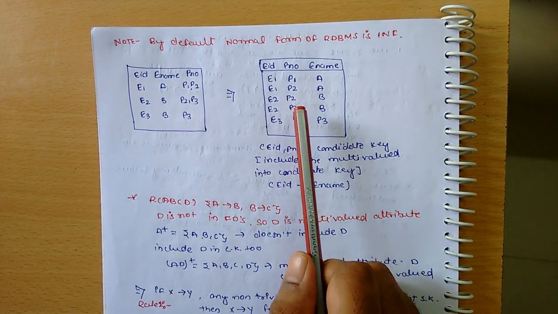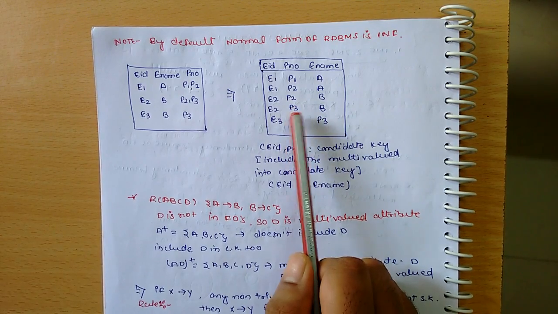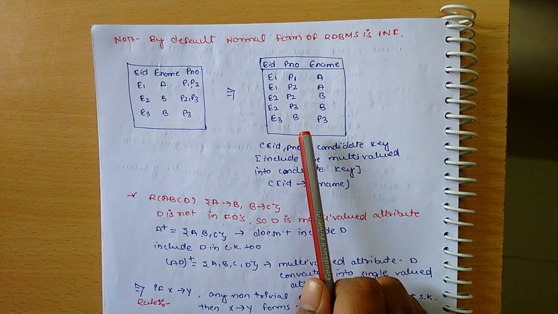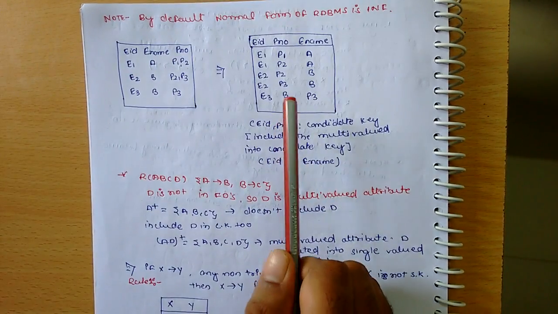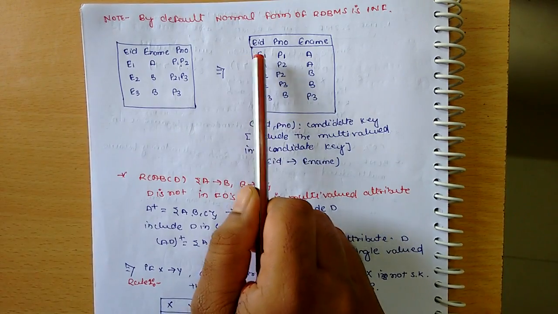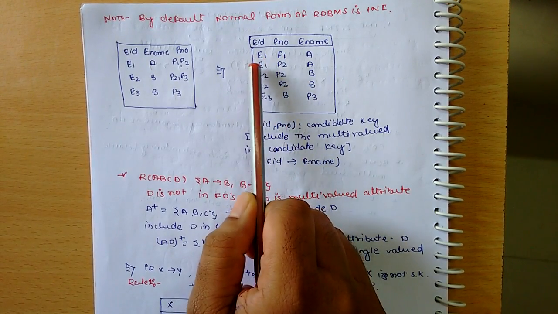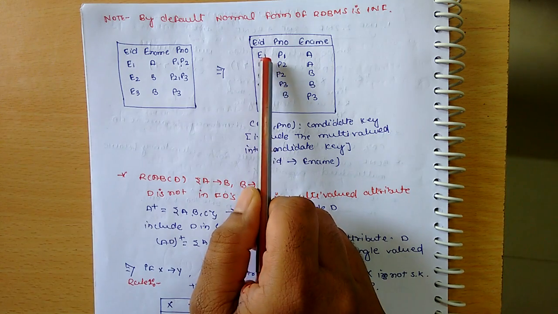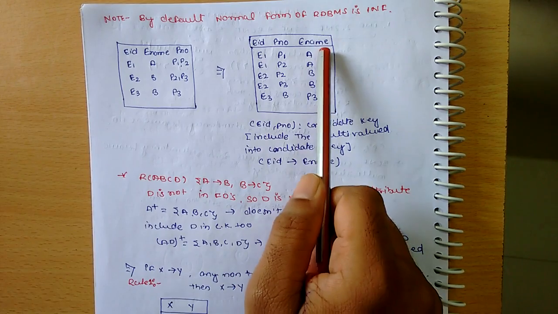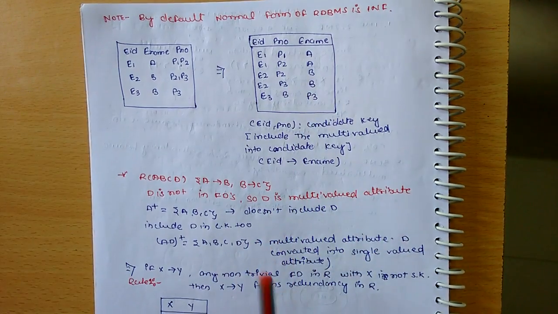So what will be the candidate key for this relation? A candidate key is a set of attributes which can recognize every record of the relation. So EID and P number is a candidate key because there are unique pairs of EID and P number, and we can recognize ename.